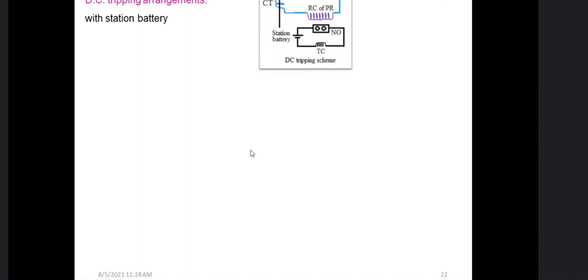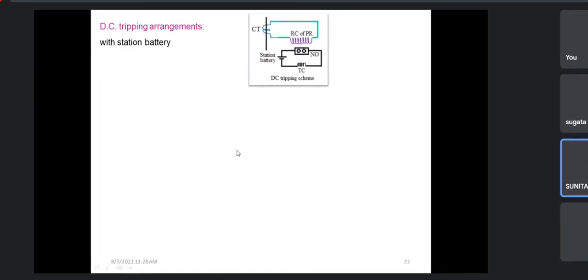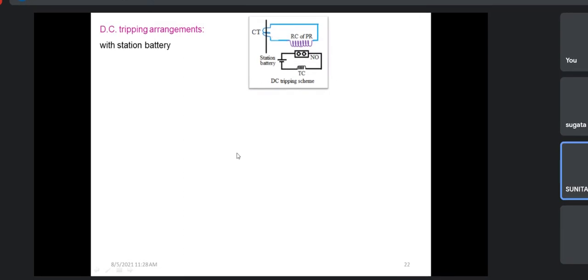This is rarely used, only for low rating substations. For high power substations, the cost and maintenance of the station battery will be an issue. Theoretically it is possible, and it may be used for a very low power station, maybe at 1.1 kV.